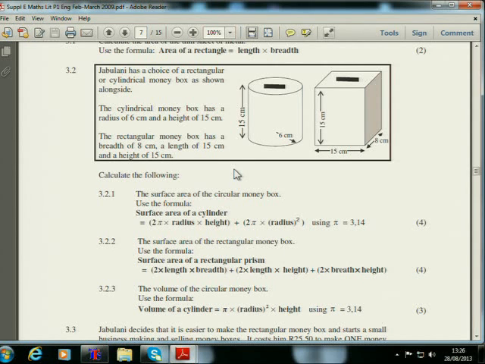Now we are working with the rectangular box, money box, and we are also given the measurements there. Remember, the length is 15 centimeters and our breadth is 8 centimeters. Sorry about that.